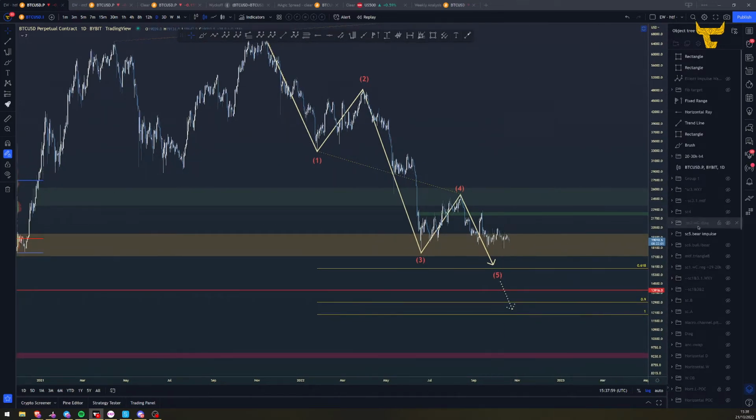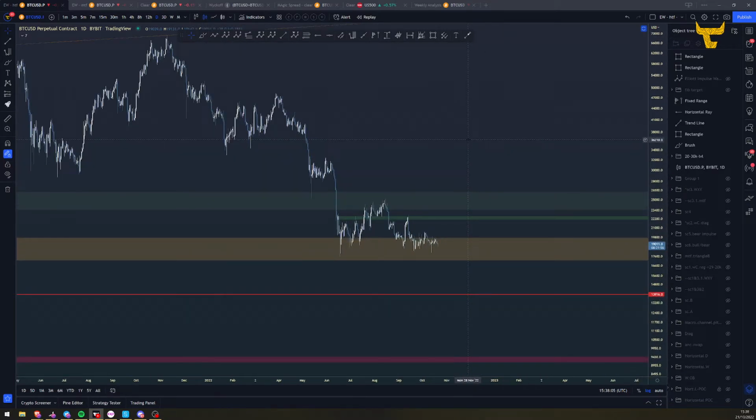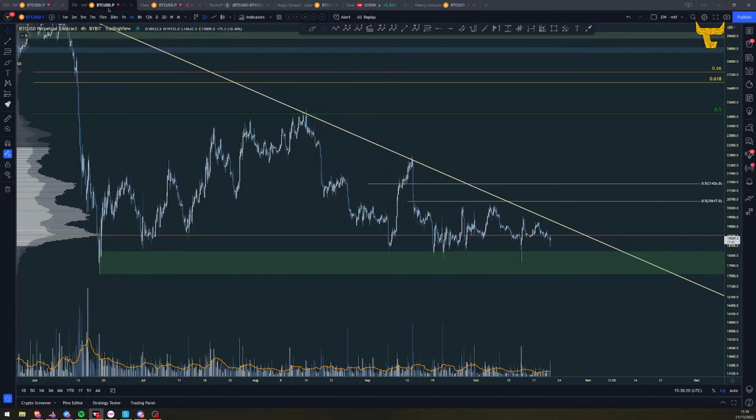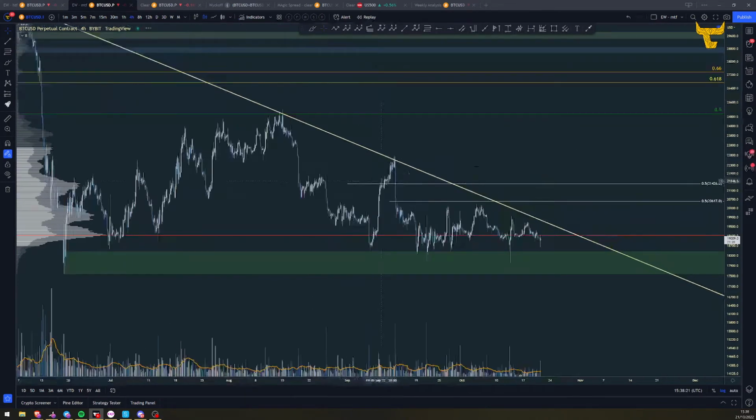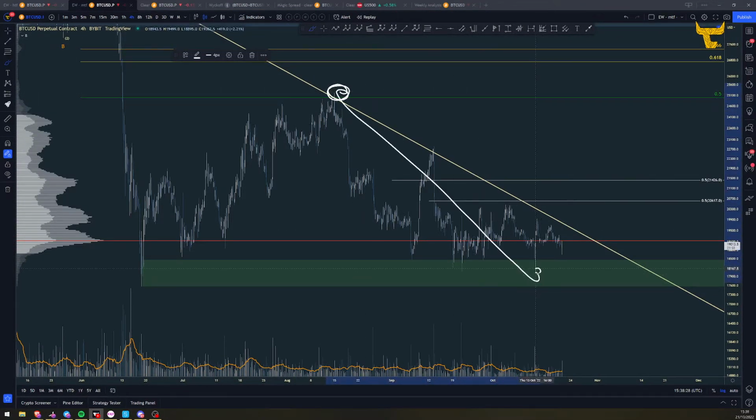So yeah, clearly everything is flashing buy on the higher time frame. That's a fact, right? The problem we have here is, how do we count anything finished from here to here?